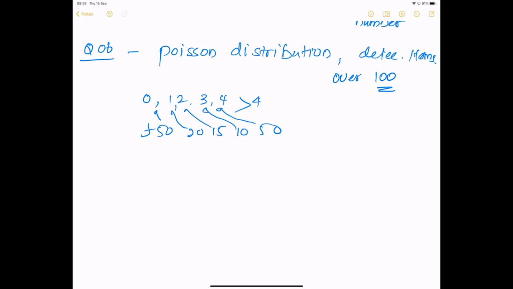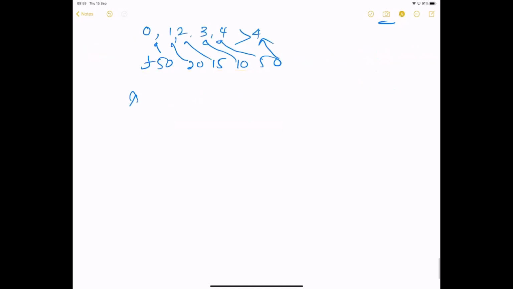So, what is the meaning of lambda? Lambda is the average or mean, right? We have frequency, observations, and the number of defective items.